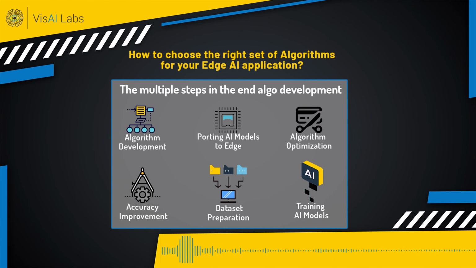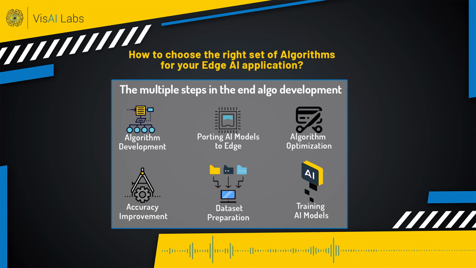In AI algorithm development, there are multiple steps. That includes dataset preparation, AI model development, training, accuracy analysis, performance tuning, and deployment. Dataset preparation is very crucial for any AI solution development, because the dataset is key for achieving better results in any AI application or solution.